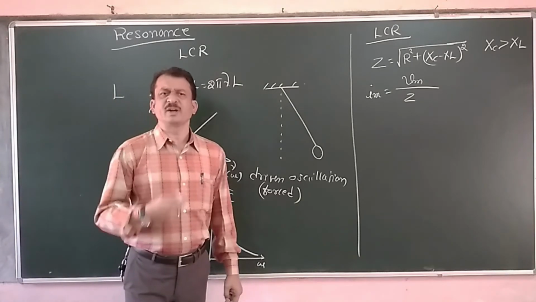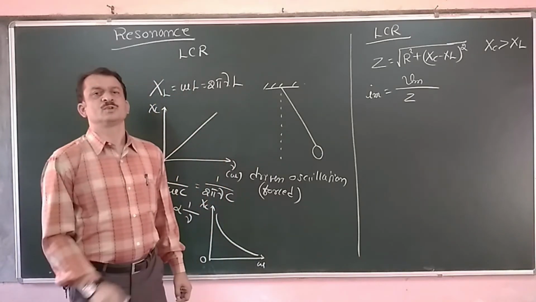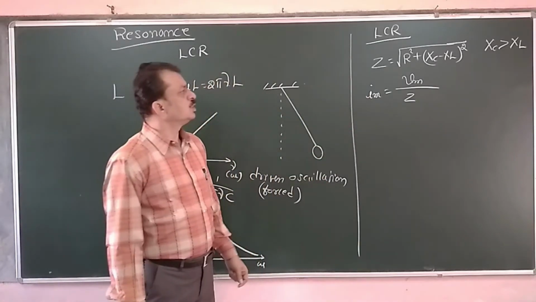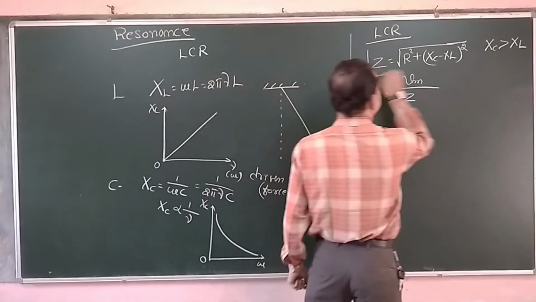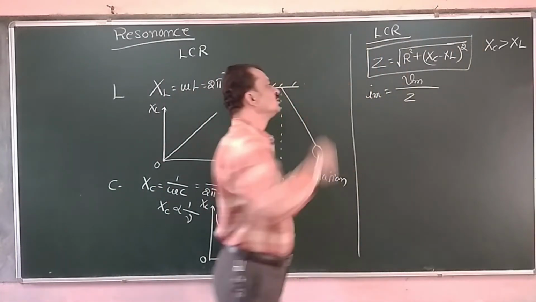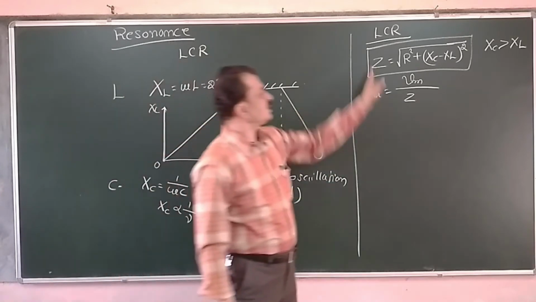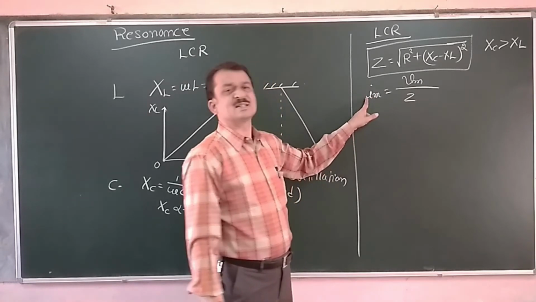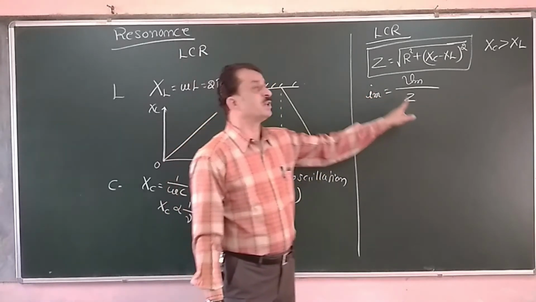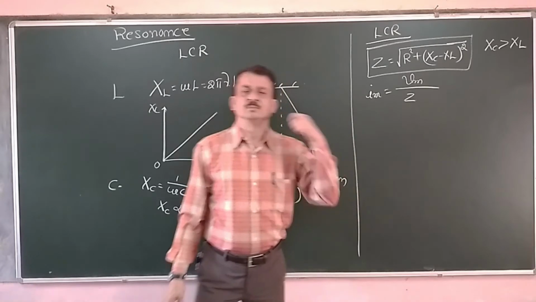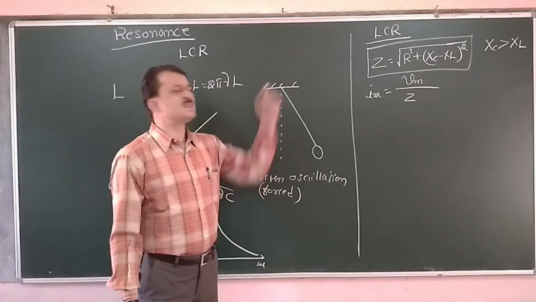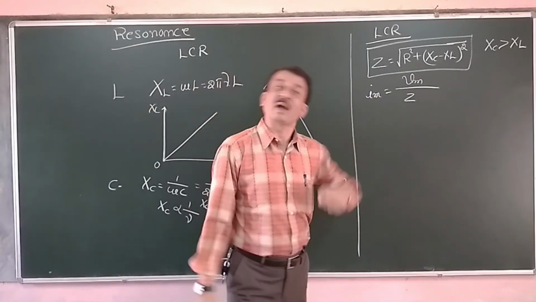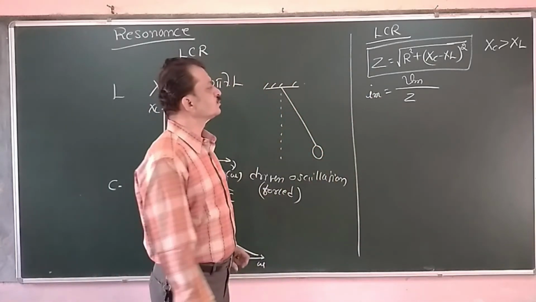Now I have to choose a particular frequency at which the current is maximum. Look at this expression for impedance. Since it is in the denominator, the current should be maximum only when the impedance is minimum. The opposition offered by the LCR circuit should be minimum; if that is the case, then we get a maximum current.